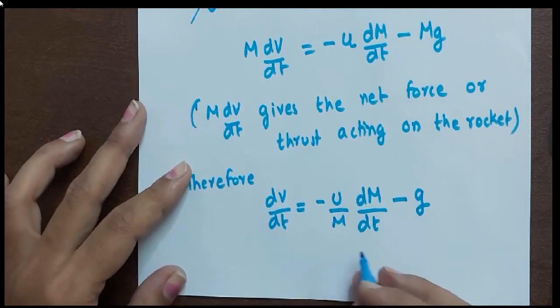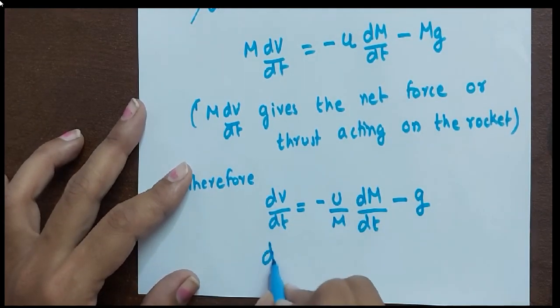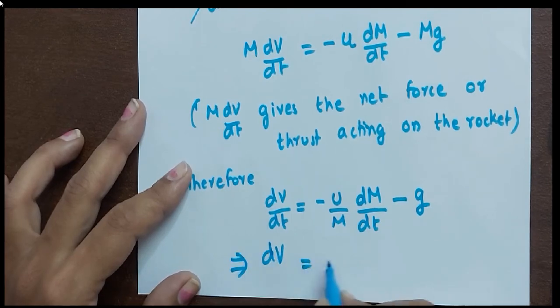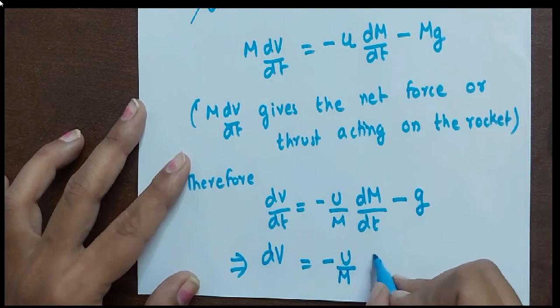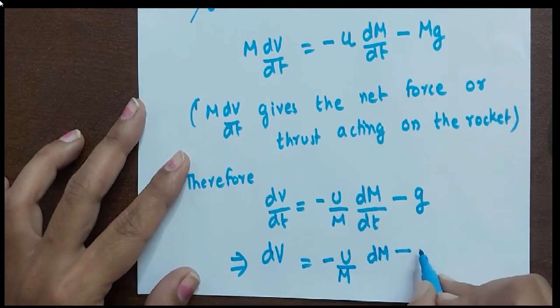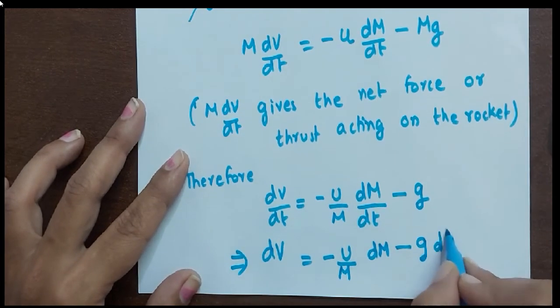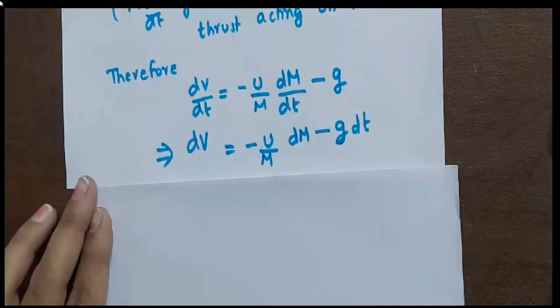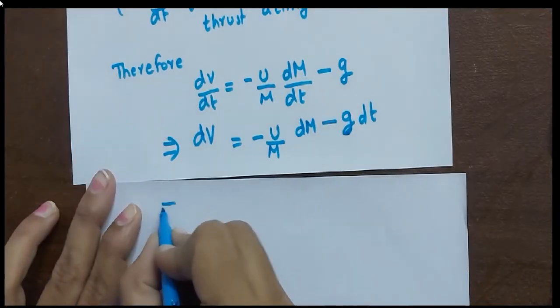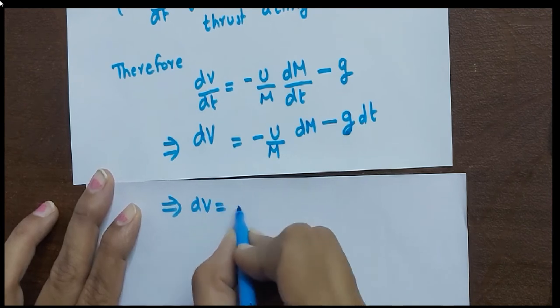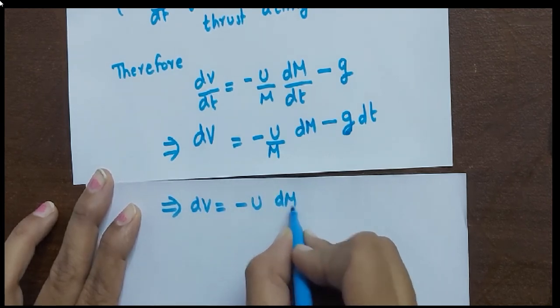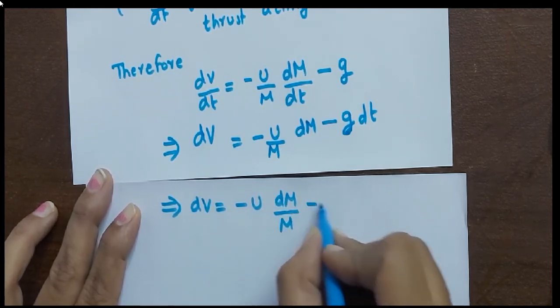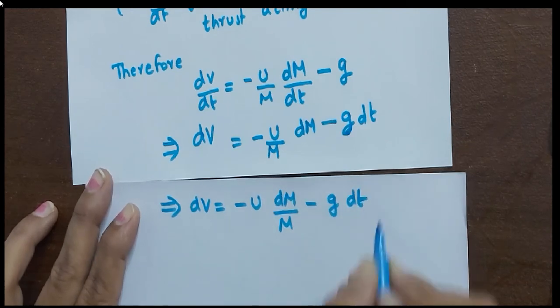Now we will modify again. dv is equal to minus u upon M times dM minus g times dt. Again with slight changes, dv is equal to minus u dM upon M minus g times dt.